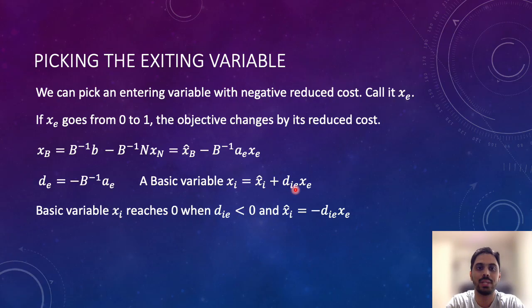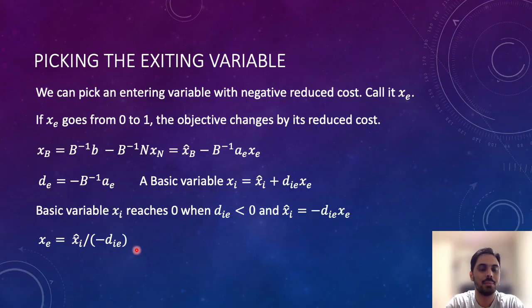If di is positive, then it is not restricting our entering variable, because everything is non-negative. So di has to be negative, and when xi hat equals minus di times xe, xi will become 0. After that it will start going negative, which is infeasible. So xe can take the largest value xi hat divided by minus di.